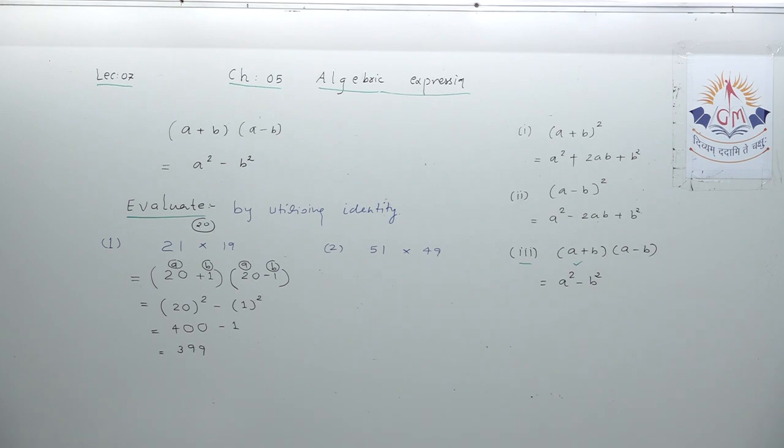After splitting, you just have to guess A and B and apply the formula: A plus B into A minus B equals A square minus B square. Simply the application of the formula. But first you have to guess the number containing 0 nearer to these.